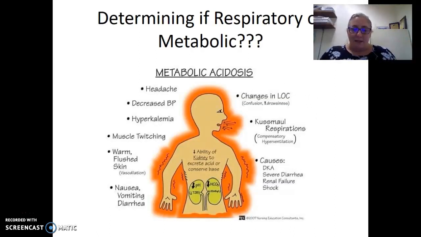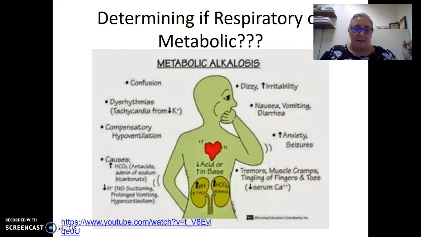Metabolic acidosis, your pH is below 7.35, and with metabolic acidosis, we're looking at the amount of bicarbonate ions. So bicarbonate ions are also low. This means it's a kidney problem, and our respiratory system is hopefully starting to function to try and get rid of some of that extra acid by blowing off more carbon dioxide.